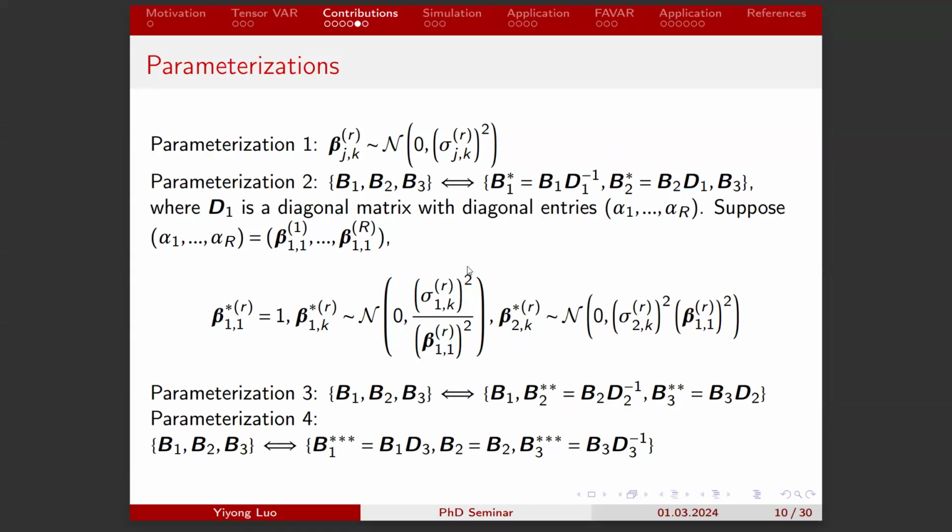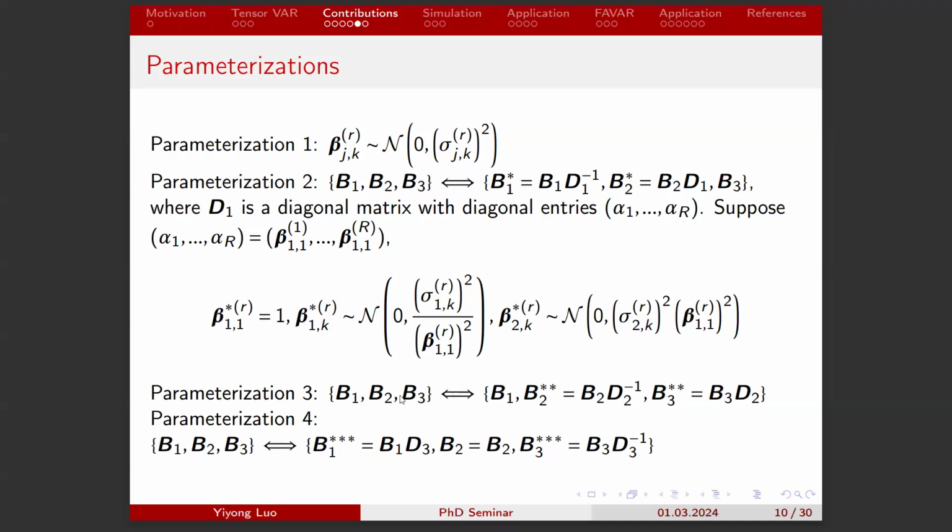So we still have our variance like this one, but because it multiplies the inverse of B1, you need to divide this variance by the corresponding elements in B1. Similarly, for the elements in B2 star, since you multiply this diagonal matrix B1 to B2, you need to multiply something after this variance, the original variance.